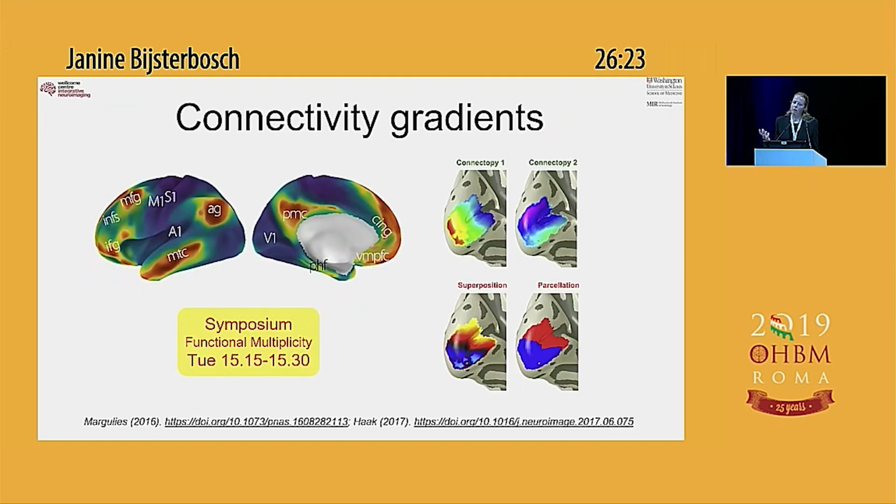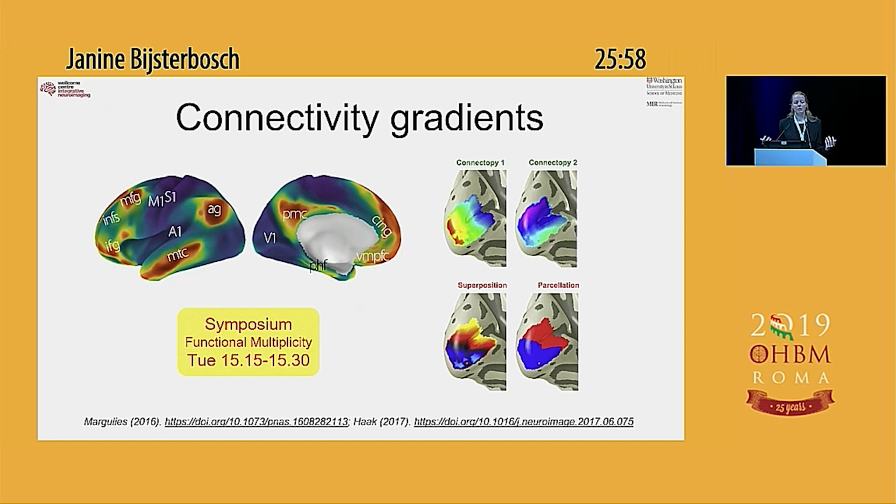I mentioned already one particular example of a weighted node representation is this idea of connectivity gradients. And this almost goes beyond the framework of having nodes and looking at connections between nodes, because what we say when we're talking about gradients is that in the same spatial location, you can have multiple directions, multiple dimensions of organizational properties.